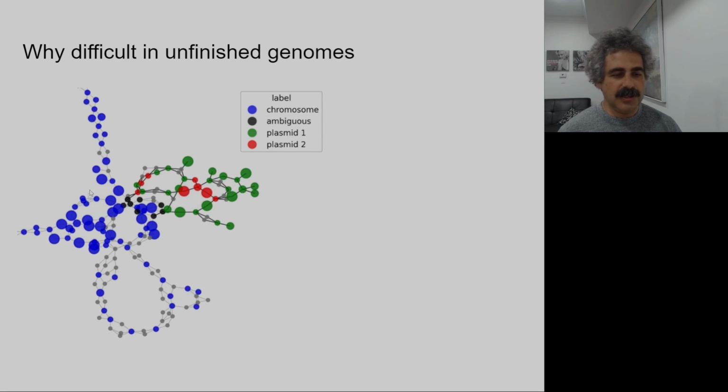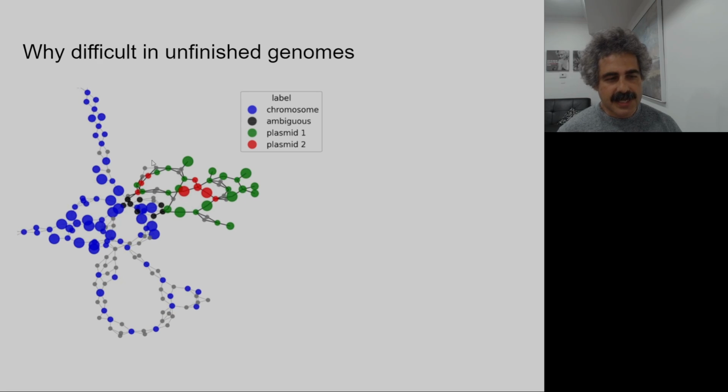Each DNA molecule is represented by a walk in this graph, and we have marked these vertices by different colors depending on whether they are chromosomal, belonging to a core genome, which is the blue color, or whether they belong to one of the two plasmids present in this sample, in particular red and green.